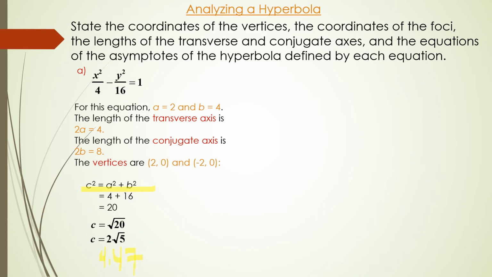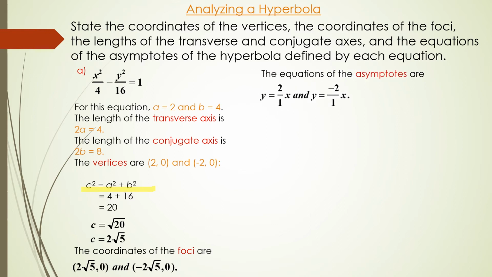So the coordinates of our two foci are 2 square root of 5, 0 and negative 2 square root of 5, 0. You can also label them in decimal form. Round off your answer up to 2 decimal places, or up to the hundredths.